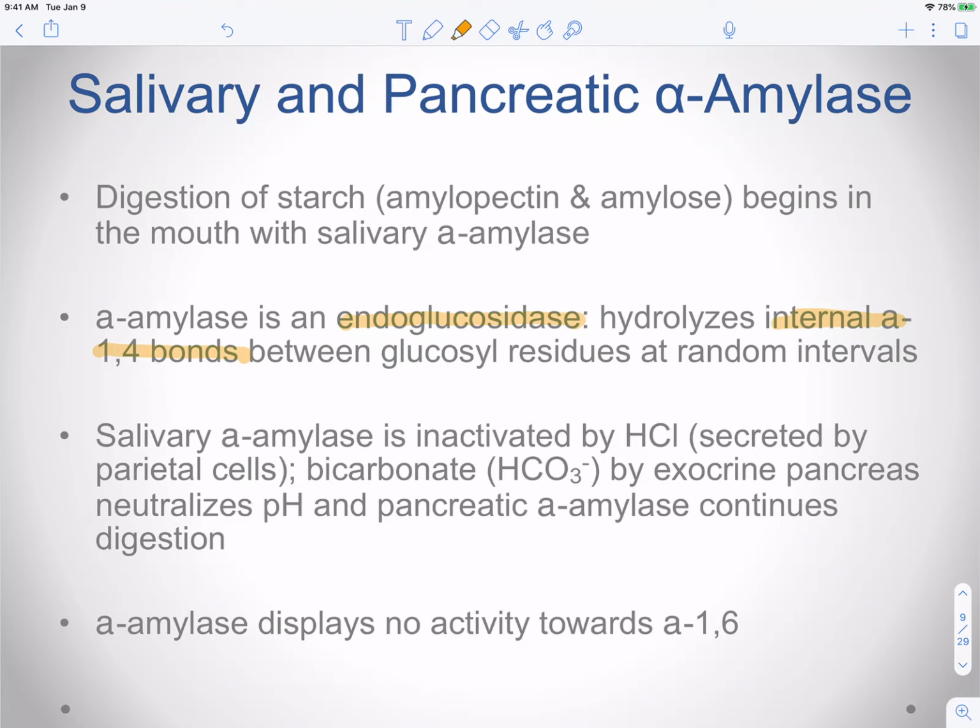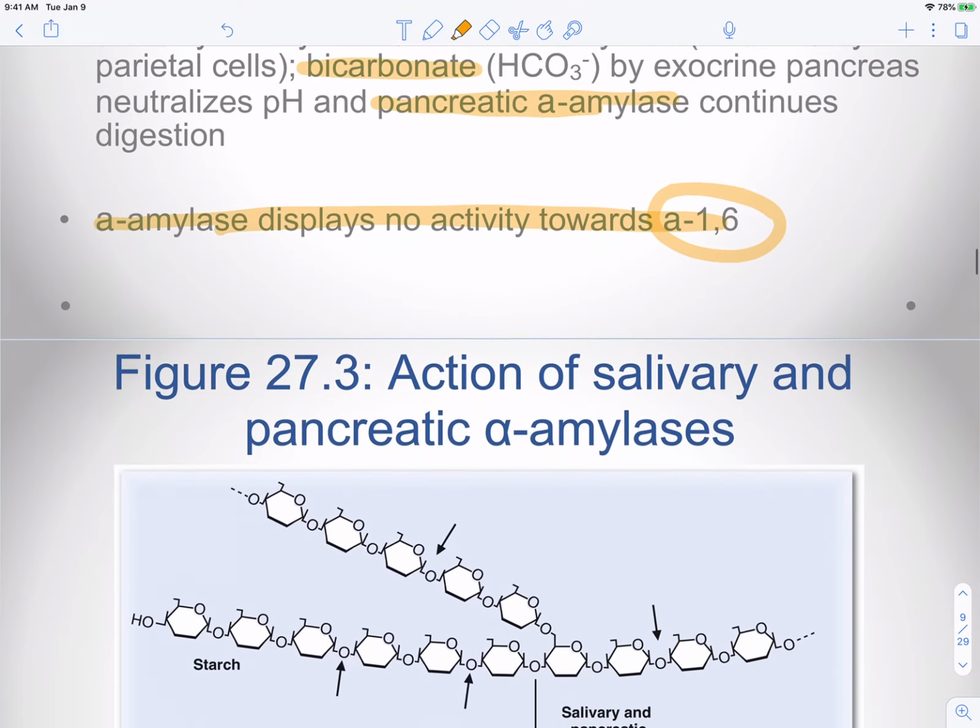Your pancreas will release bicarbonate, which will neutralize the pH, and also pancreatic alpha amylase. And this will continue to digest those amylose and amylopectin molecules. Now, important, alpha amylase cannot work on those branches. So there has to be another enzyme that's going to work on those alpha 1,6 branches.